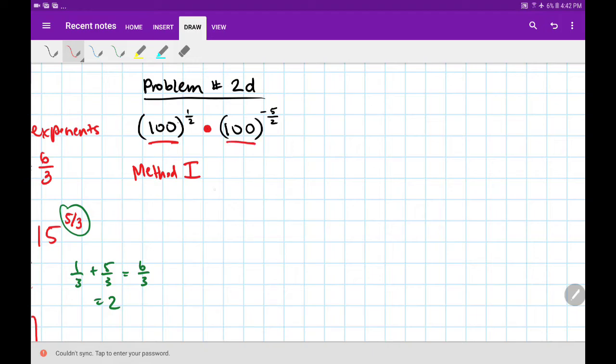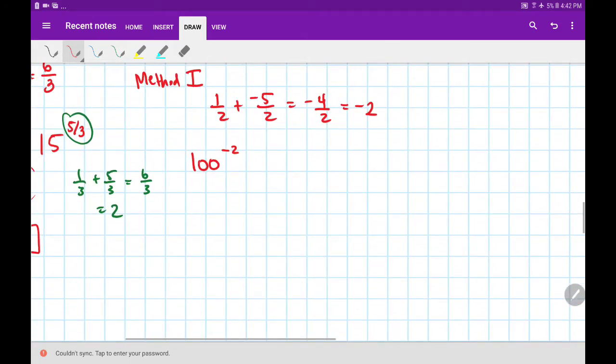So our exponents in this case are 1/2 and -5/2. So that's really 1/2 take away 5/2 leaves me with -4/2, which is -2. So my answer would be 100 to the -2 power. But remember, we don't leave our answers with negative exponents.